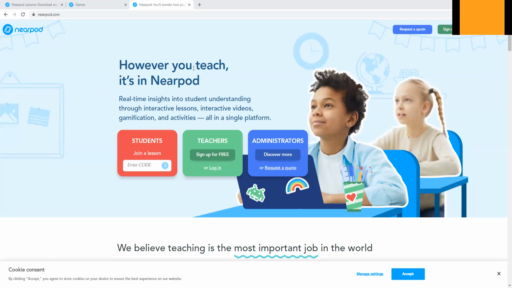In this game, as students, you just need to enter a code that your teacher gives to you. Now let's enter the code.